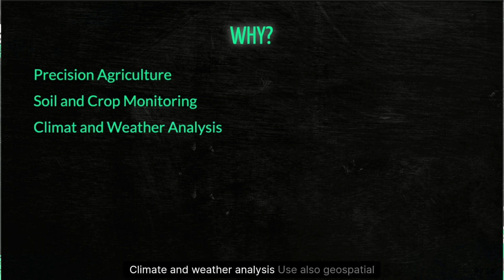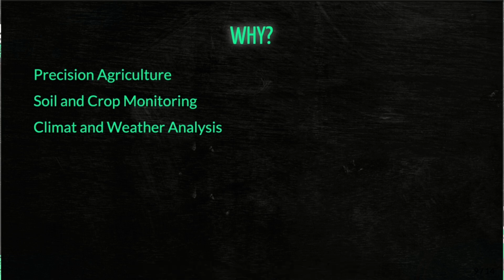Climate and weather analysis also uses geospatial data to track and predict climate conditions such as drought, temperature variation, and precipitation trends, which all impact crop yield and farm planning.